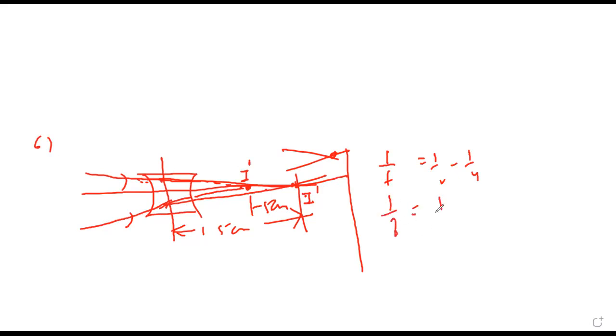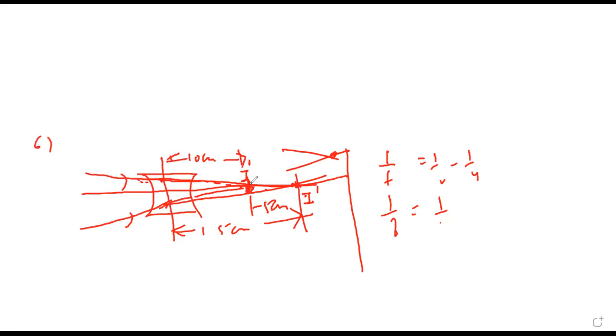So focal length I don't know. Object is... 15 is my image in the first case. Where is the object? The object we take as infinity. No, that is when it is without the lens, coming from a far distance. This part we are concentrating on. When you are removing, this I dash will behave as the object, and the image is at 10 centimeter from the lens.